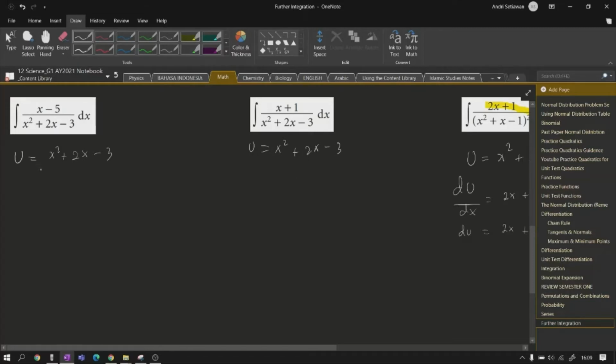The first derivative of u for the first example is 2x plus 2, and the first derivative of u in the second example is 2x plus 2.